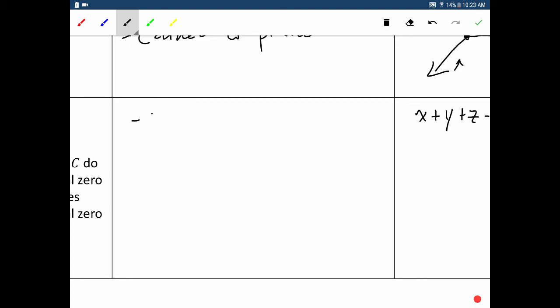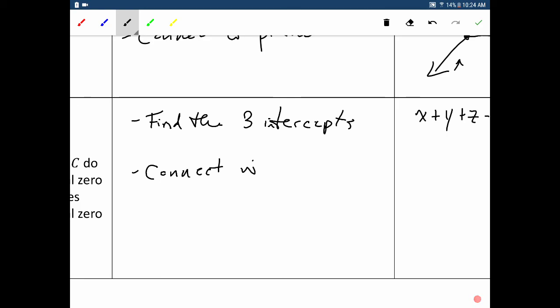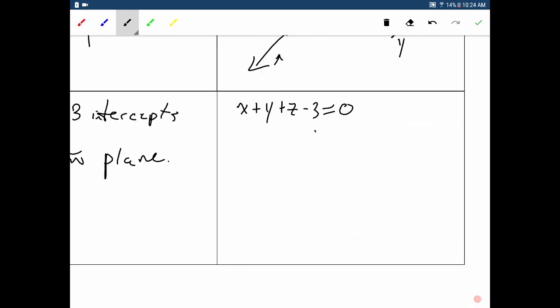So you're just going to find the 3 intercepts, and then connect them with a plane. So, there's my z, my y, my x.